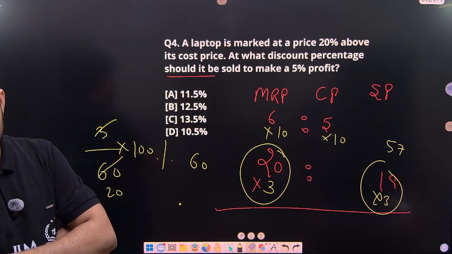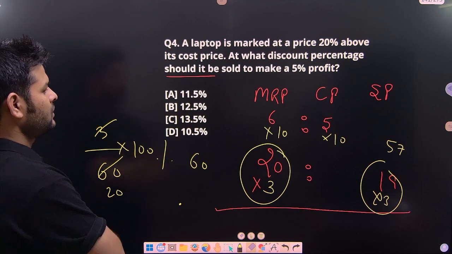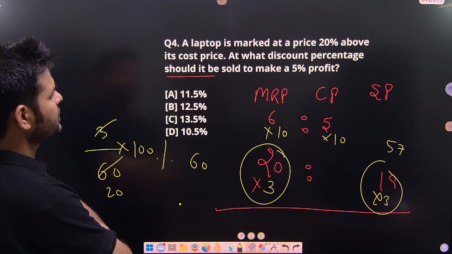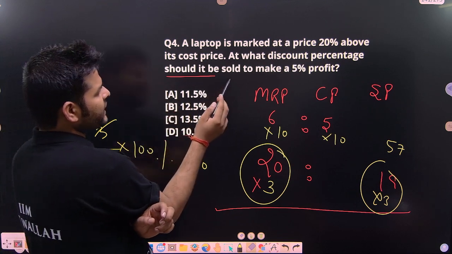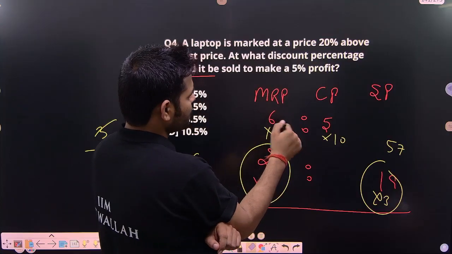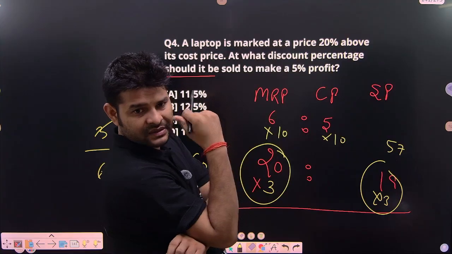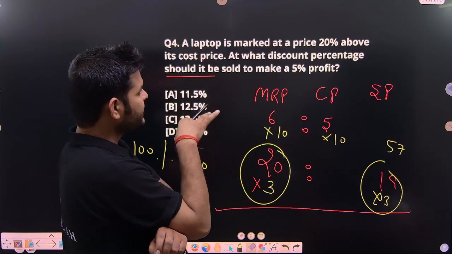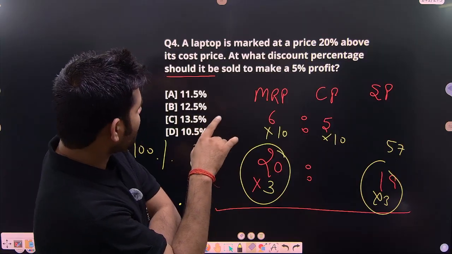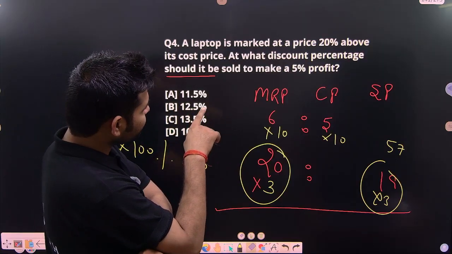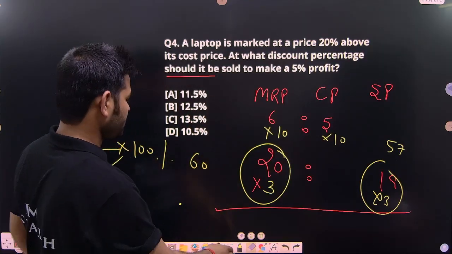Okay. Oh, sorry. A laptop is marked at 20% above. So CP is 5. MRP would be 6. In the second case, at what discount percent should it be sold to make 5% profit?